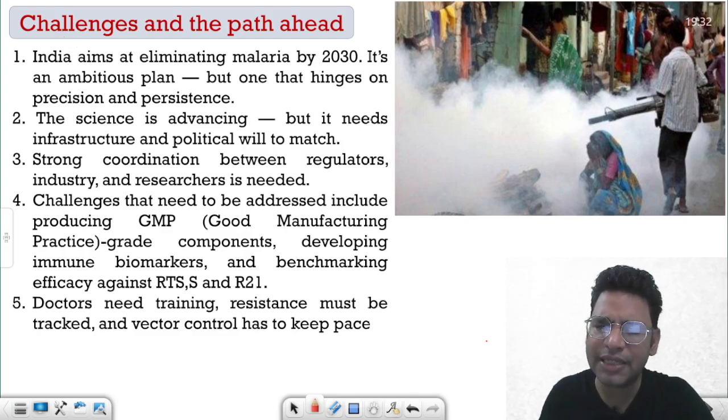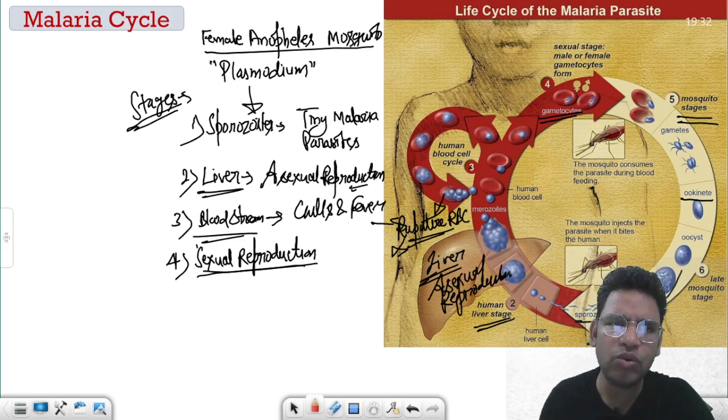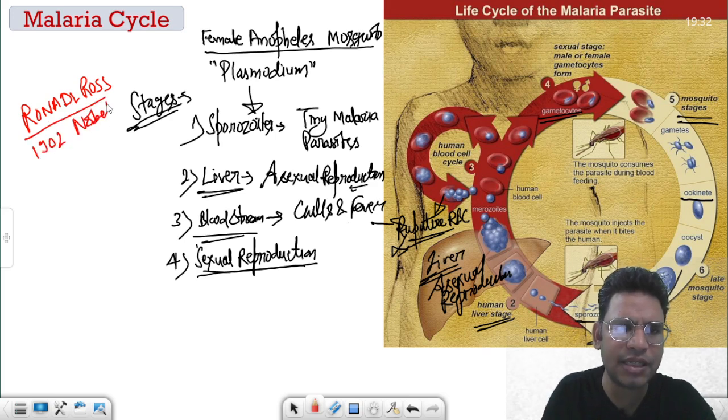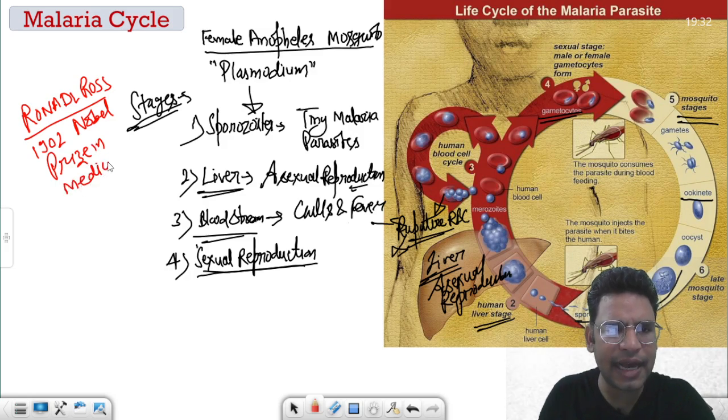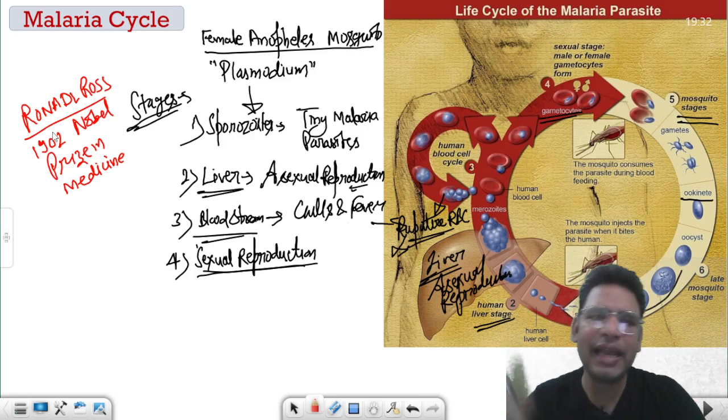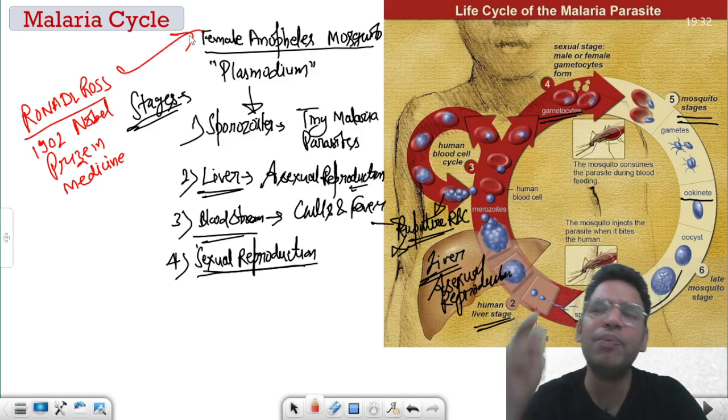Let me tell you one basic thing, Ronald Ross. If you remember, who was there? It was Ronald Ross. He got the 1902 Nobel Prize in Medicine, and coincidentally he was in India only, in Secunderabad, in South India, where mosquito cases were going on. He proved that the female Anopheles mosquito is responsible for malaria transmission.